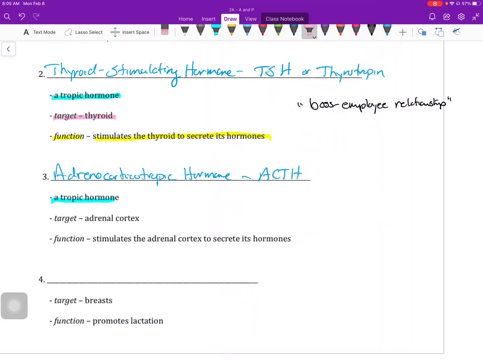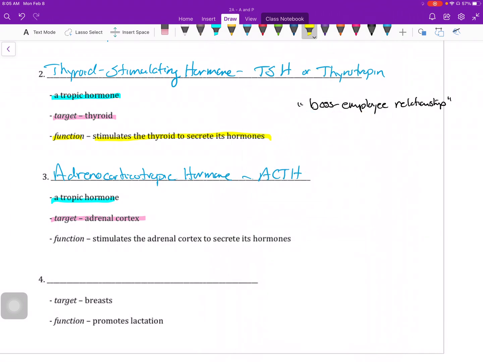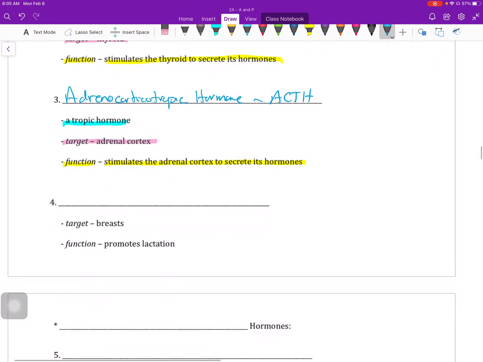Its target is the adrenal cortex. Its function is to stimulate the adrenal cortex to secrete its hormones. Again, boss-employee relationship.